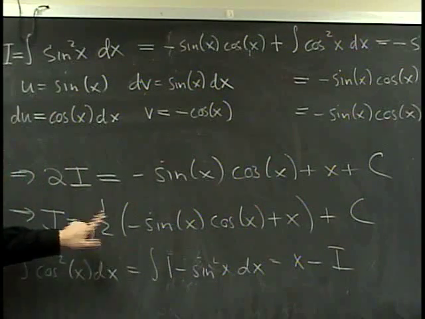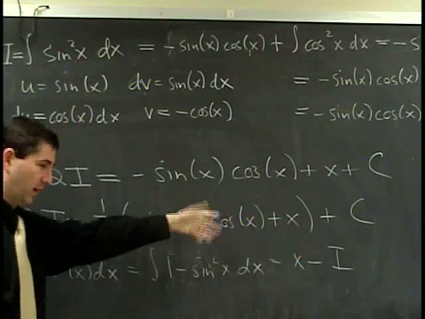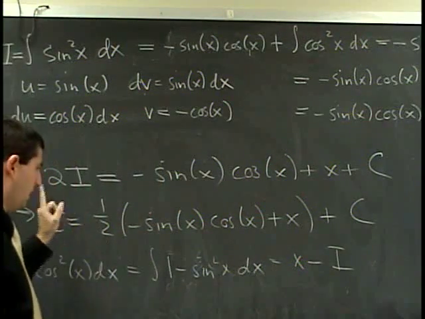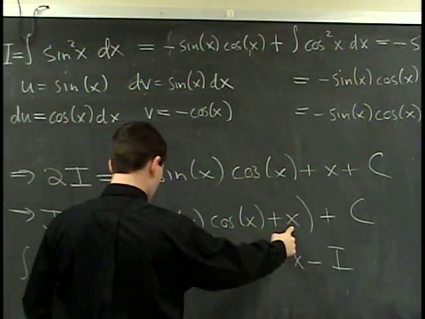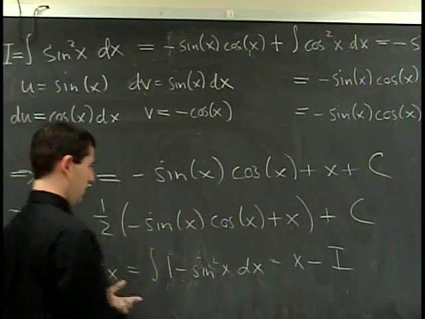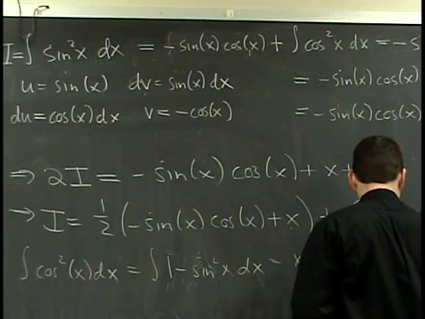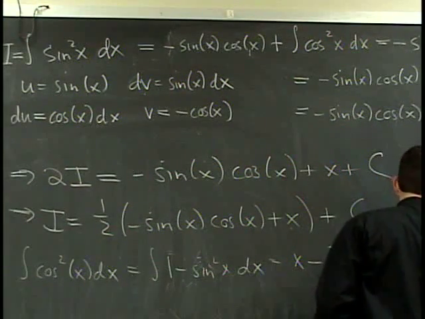But now, if you do x minus I, it's actually just going to change the sign of these things because of the minus. And then you have an x in there. So here you have a half of an x, but you subtract half an x, so you end up with just half an x. So you'll actually end up with a half sine of x cosine of x. You lose the minus.